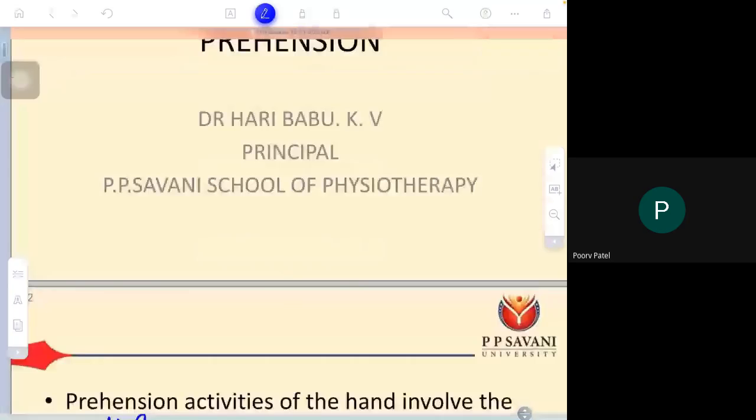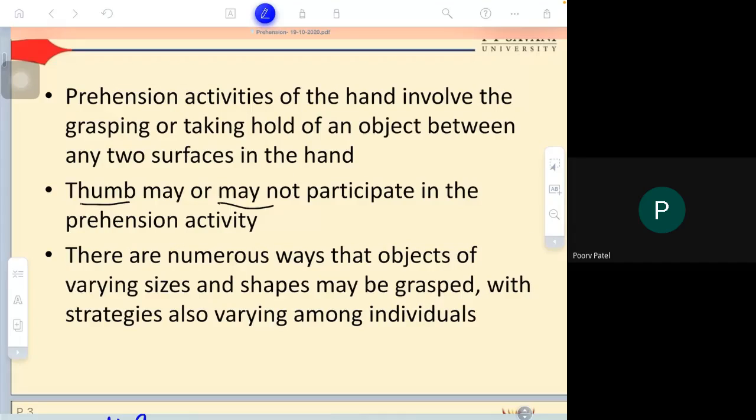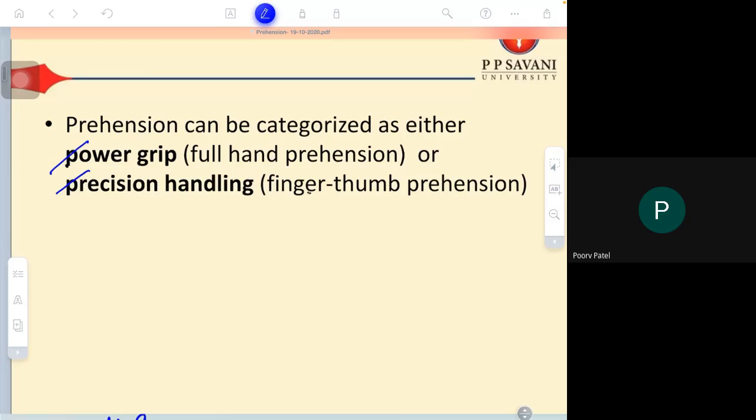In short, we discussed what is prehension. Handling an object between two surfaces is called prehension. Thumb may be involved or may not be involved. Power grip, precision handling. Power grip is full hand, precision handling is finger-thumb prehension.